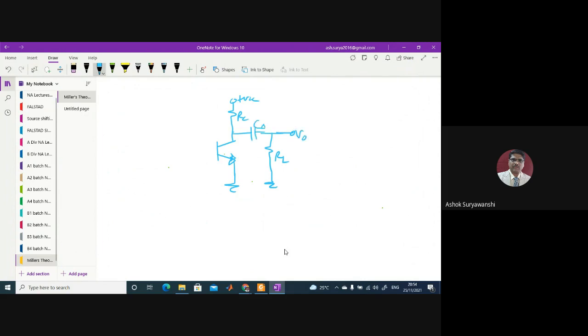On the input side there is a coupling capacitor, the source voltage which we have to amplify, Vs or Vin, then the input coupling capacitor, the base resistance, and then there is a connection to the collector. Suppose it is called RF, the feedback resistance. So this is your RB.